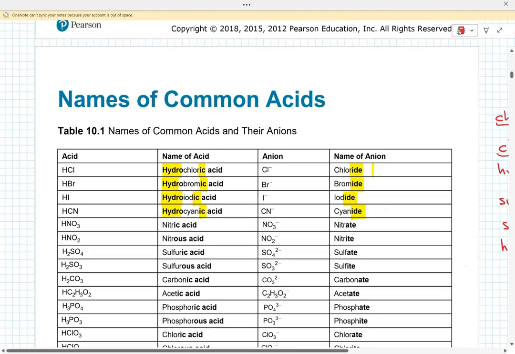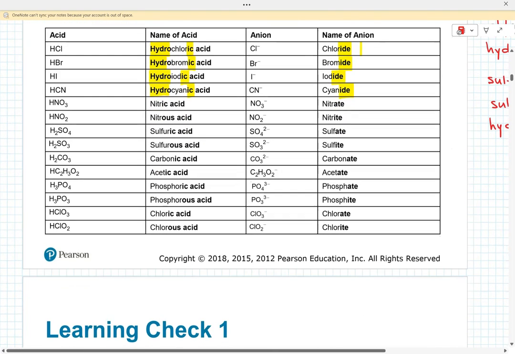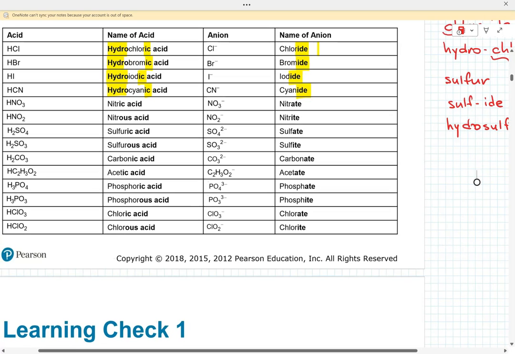Now let's take a look at the rest of the table here. So if you look at nitric acid and nitrous acid, what is the name of the element from which those are derived? Nitrogen, right?